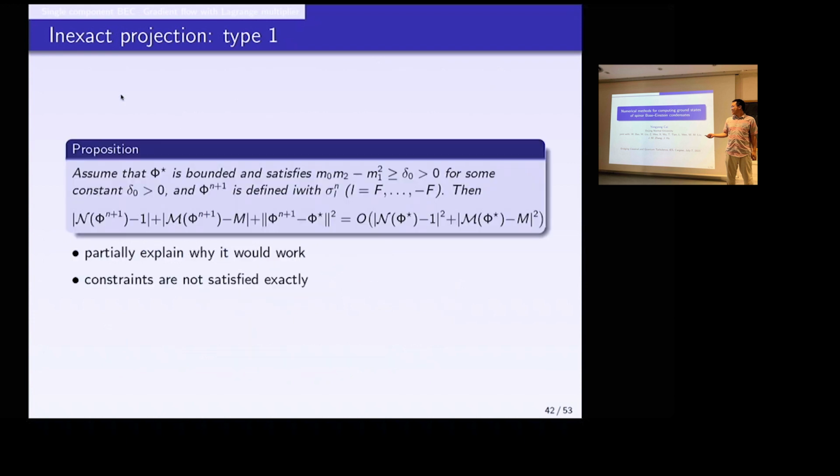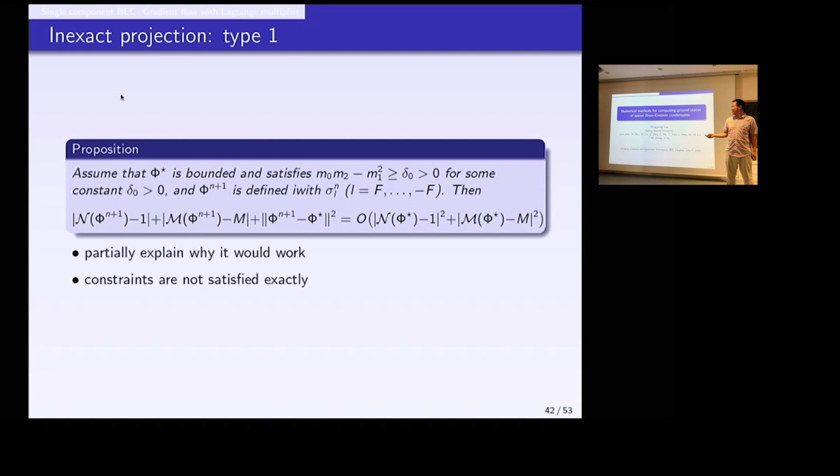Okay. And then we can do some simple analysis. This is before we do projection, and this is after we do projection. We will find this is of the square of the deviation here. Though we cannot prove it in a very rigorous way, here we can partially explain.